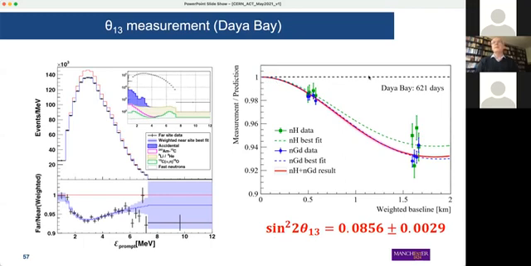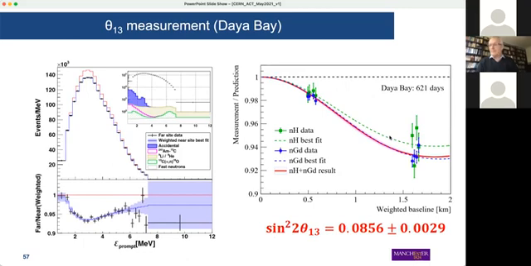The no oscillation curve is shown here. And then the measurement of the prediction for a weighted baseline, which is like 500 meters and like 1.6 kilometers, and you see how that depletion works.